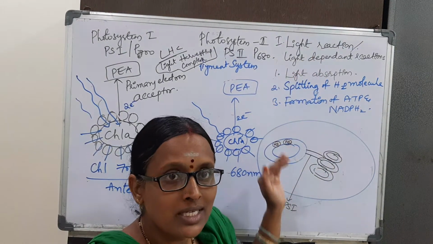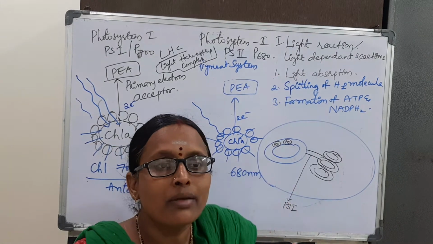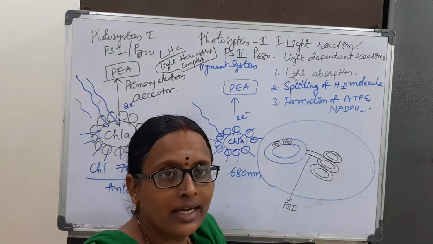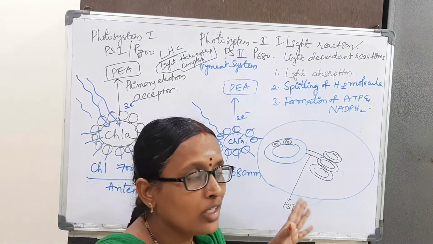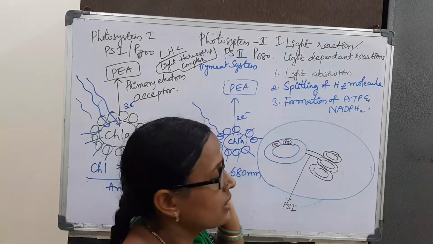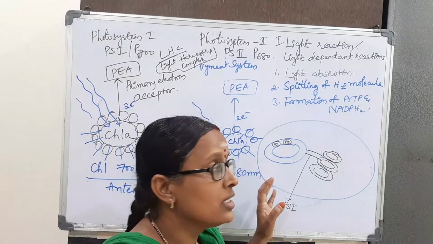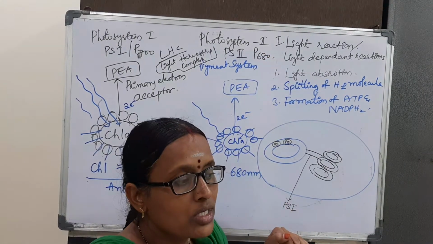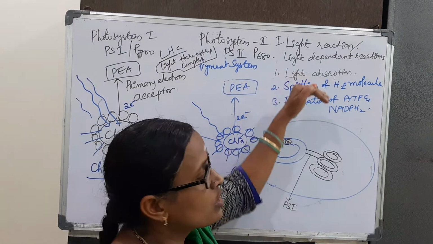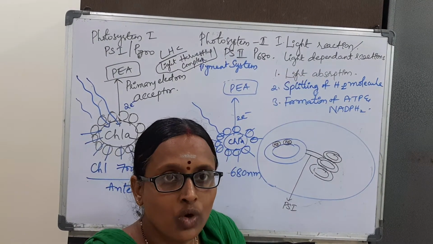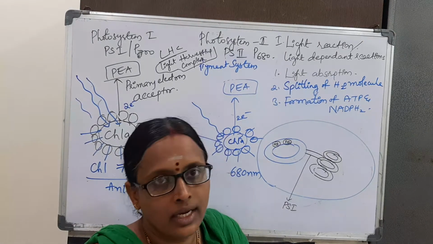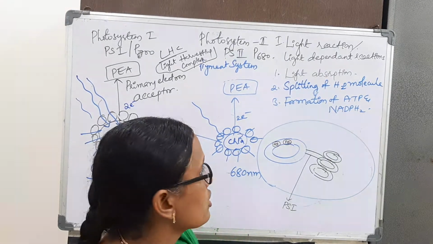Where do they take place? Where the photosystems are present, in the thylakoid membranes. So the site of the light reaction is strictly the thylakoid. Photophosphorylation is of two types, non-cyclic and cyclic photophosphorylation.